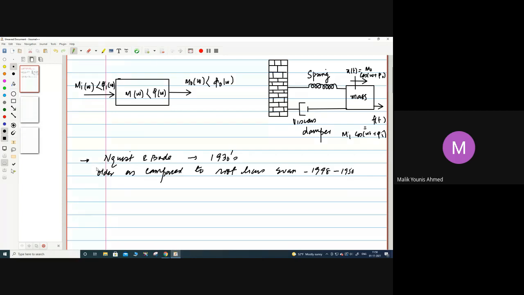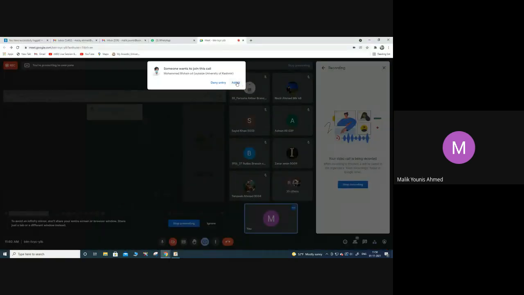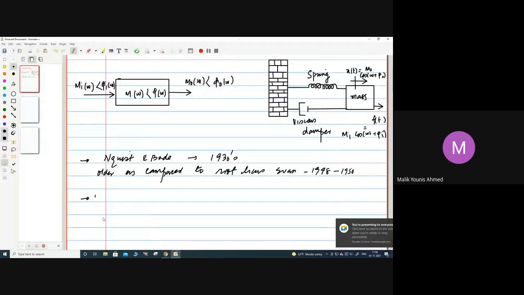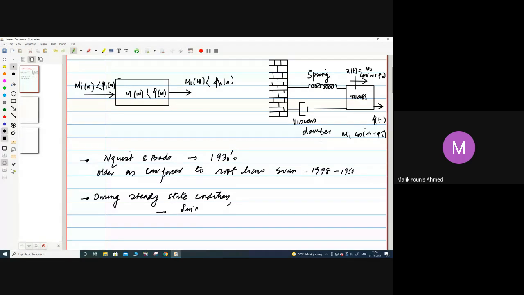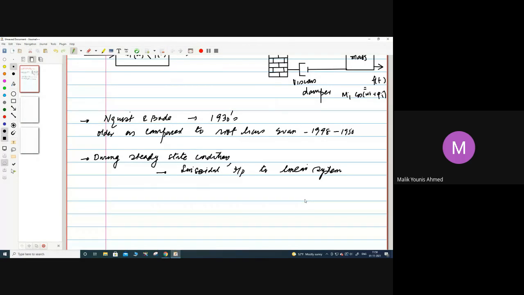Now what is happening here? During steady state conditions, when we have a sinusoidal input to a linear system, because we are discussing linear control systems, what happens?